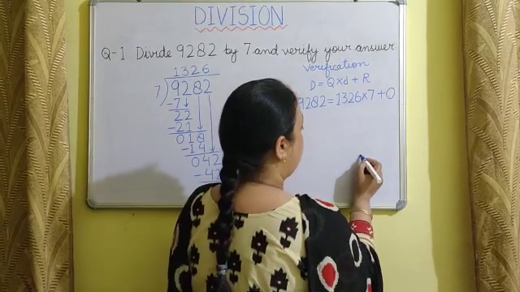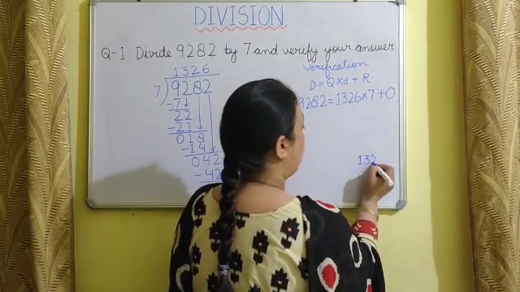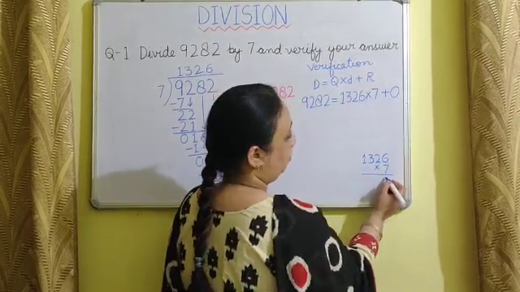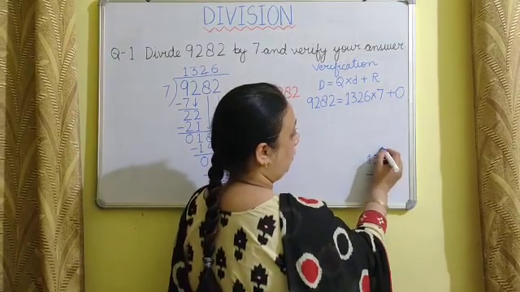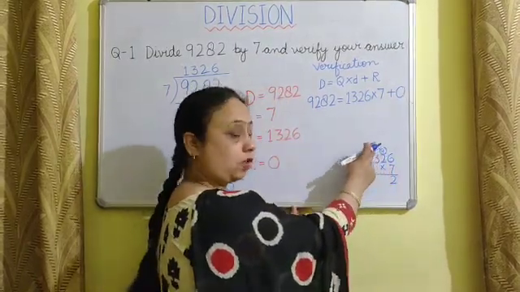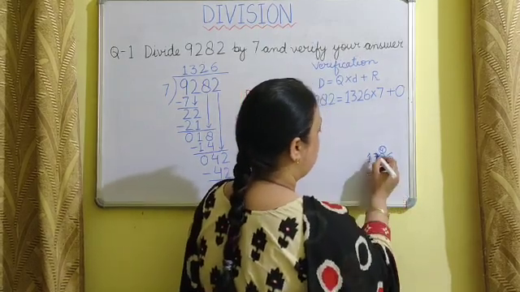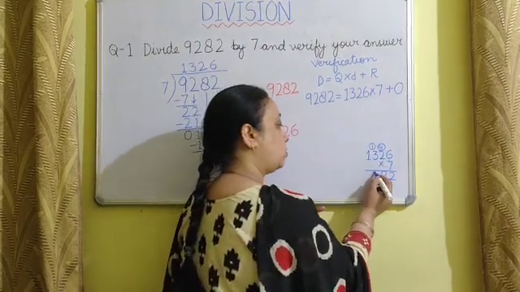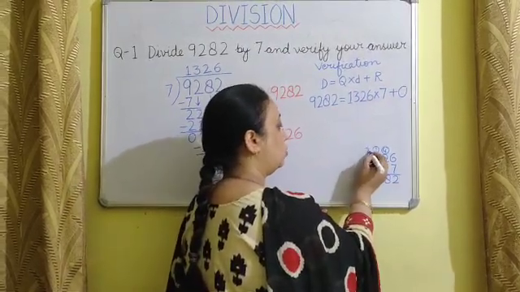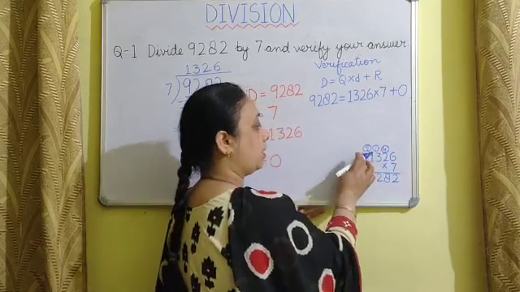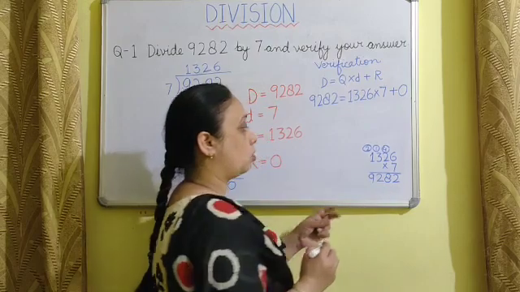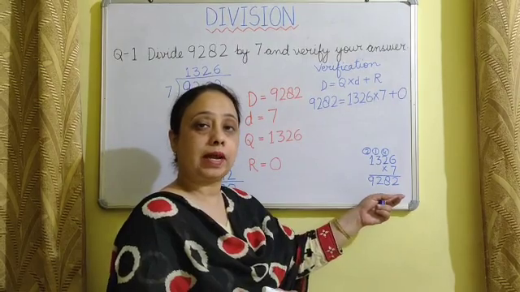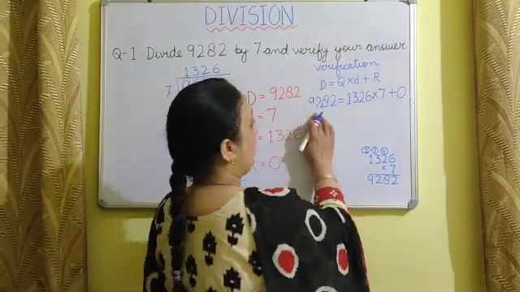We have to multiply 1326 by 7. 7 6s are 42, 2 here and 4 carry. 7 2s are 14 plus 4 is 18, 8 here, 1 carry. 7 3s are 21 plus 1 is 22, we'll write 2 here and 2 carry. 7 1s are 7 plus 2 is 9. So on multiplying 1326 by 7, we get 9282, which is the same as our dividend.